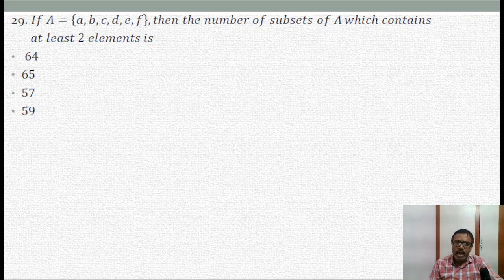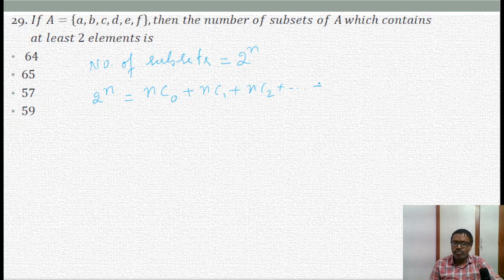Now here we know this formula, number of subsets is equal to 2 power n. And also from the binomial theorem we know that 2 power n can be written as nC0 plus nC1 plus nC2 up to nCn.